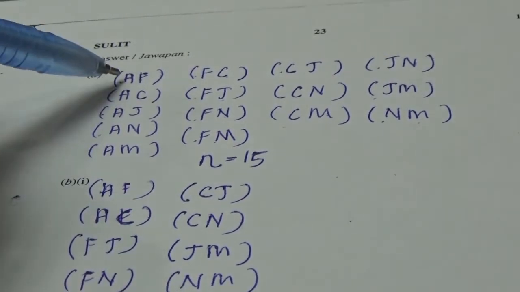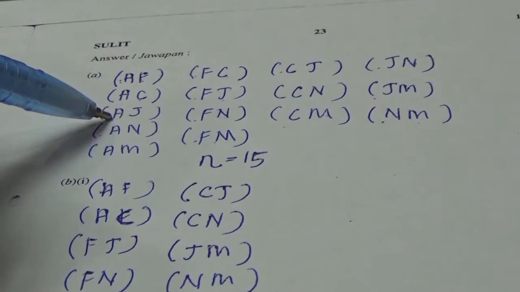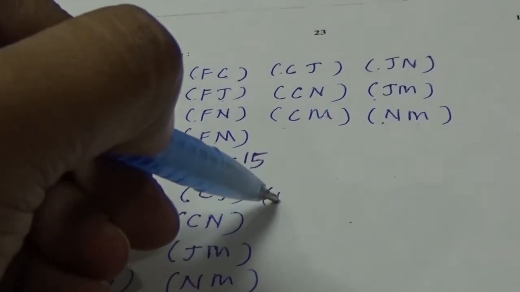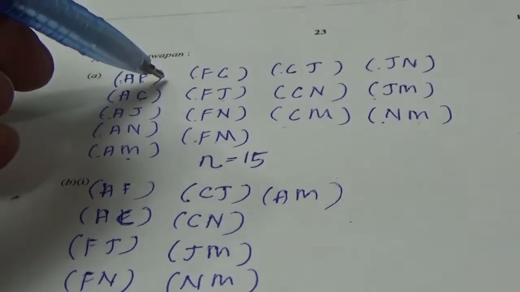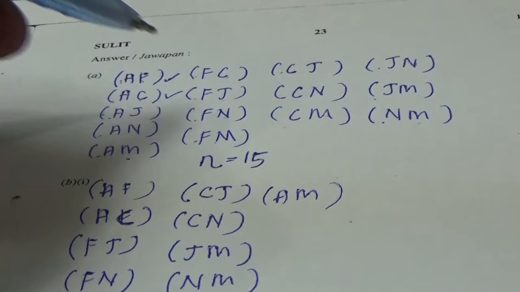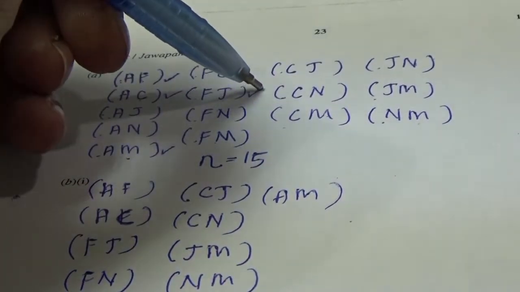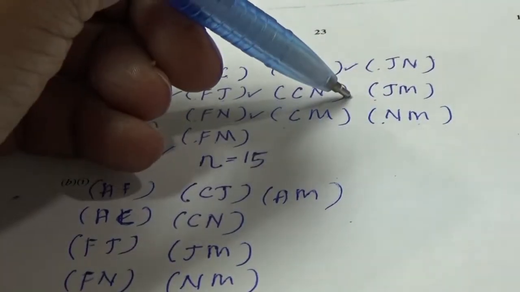Let's double check again. Aiman, Fatin, Aiman, Cindy, Aiman, John. Okay, there's one more, Aiman, Mary, which I left out. So Aiman, Fatin, Aiman, Cindy, Aiman, Mary. Fatin, John, Fatin, Nancy. Cindy, John, Cindy, Nancy.